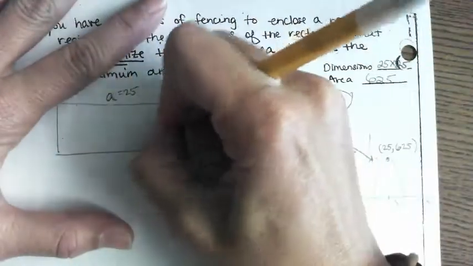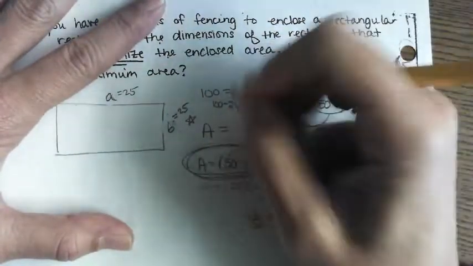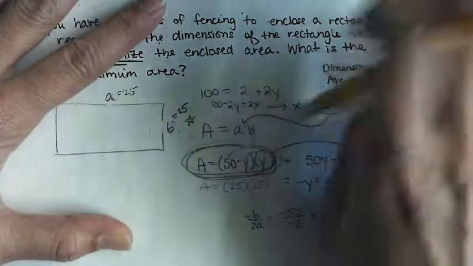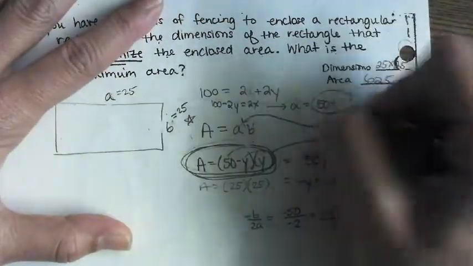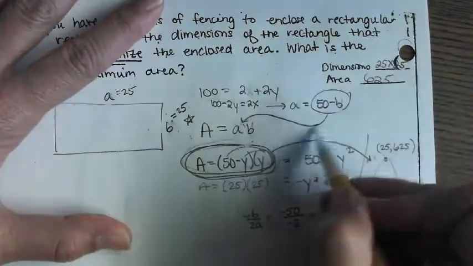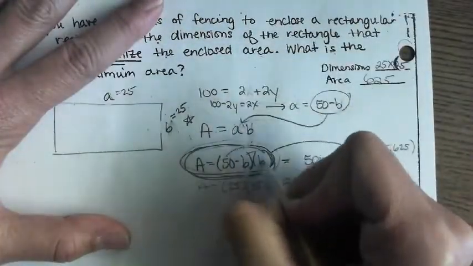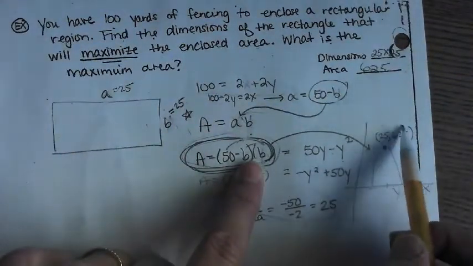If I called it a and b, it wouldn't have seemed that confusing. So if I called this a and this b, and I did a times b, and a equals 50 minus b, then I plugged 50 minus b in. Now my coordinate would be b comma a.